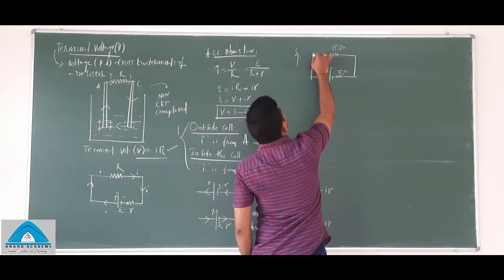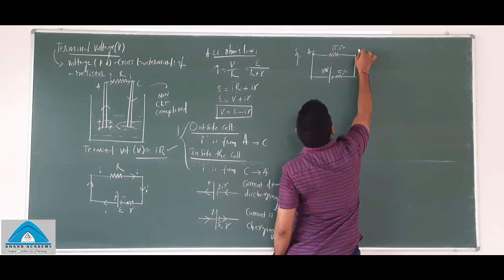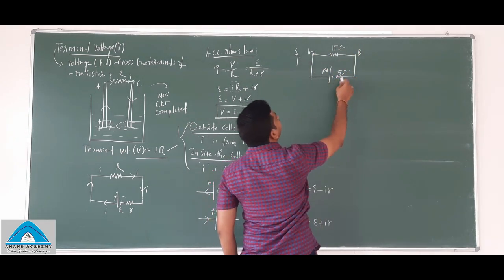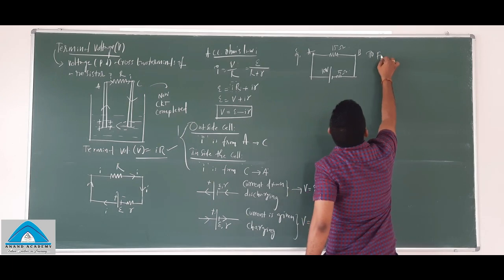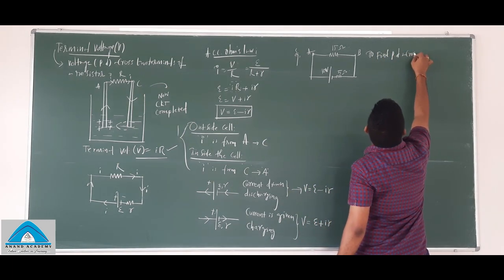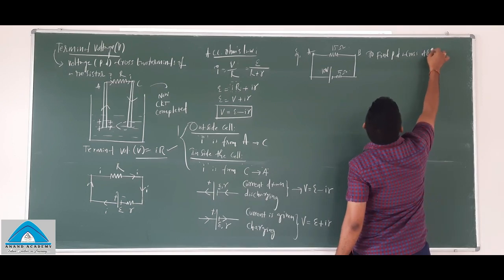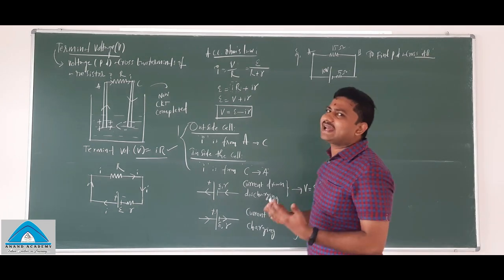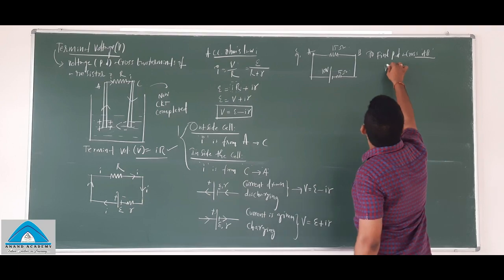This is the point A and this is the point B. The question is to find the potential difference across the 2 points A, B. That's called the terminal voltage. They are asking you to find out the terminal voltage.